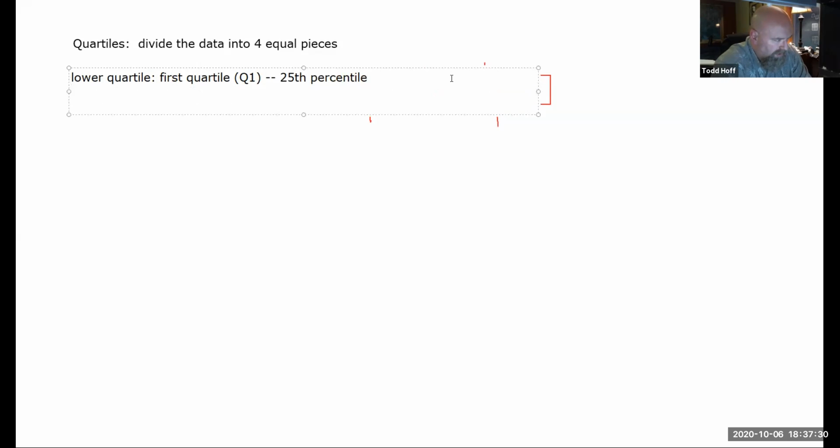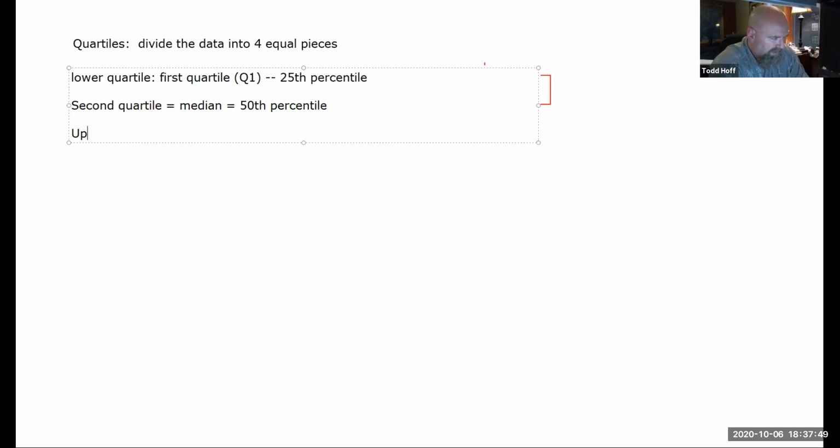The second quartile is actually the median. It's the 50th percentile. Well, the 50th percentile would be 0.5 times n. That's the location of the median.